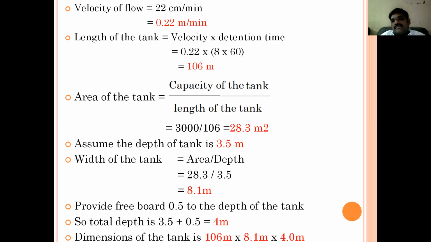Hope you understood. Like this, we'll design sedimentation tanks. What you should remember: if the depth is not given, we must assume it as 3.5 meters. If the freeboard is not mentioned, we must take it as 0.5 meters.